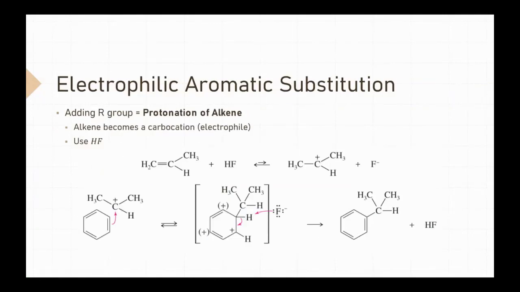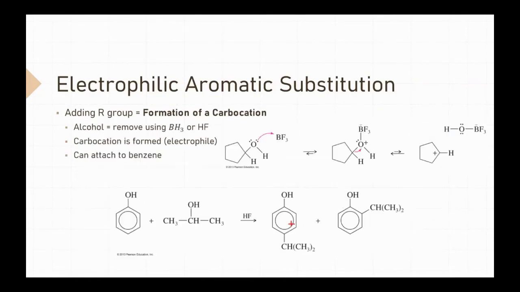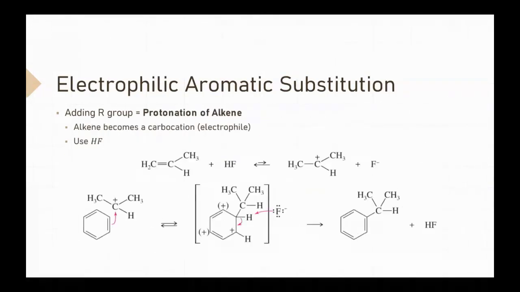Now, the trick with Friedel-Crafts is that, well, actually, this is another way to add an R group. If you want to add another R group, another way you could do it is get an alkene and react it with HF.